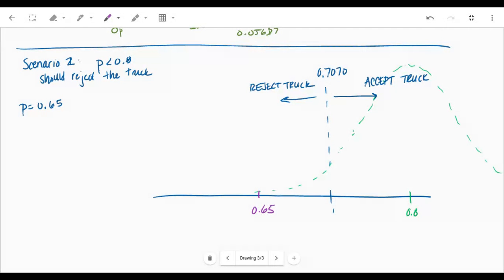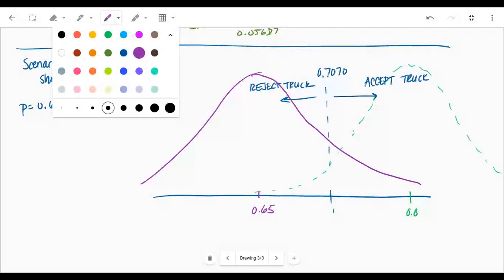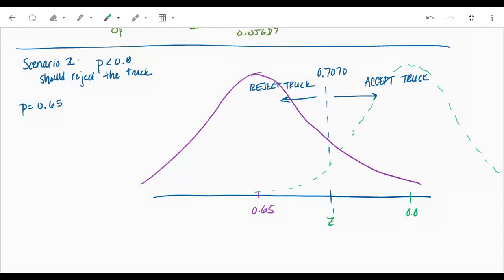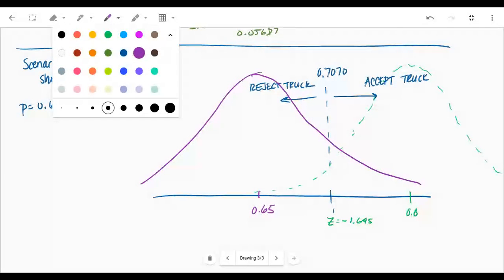Let's say that this is the actual sampling distribution. Then this 0.70 that we have on there, that on the green curve had a z-score of negative 1.645, actually has a different z-score on the purple curve. It would be positive.